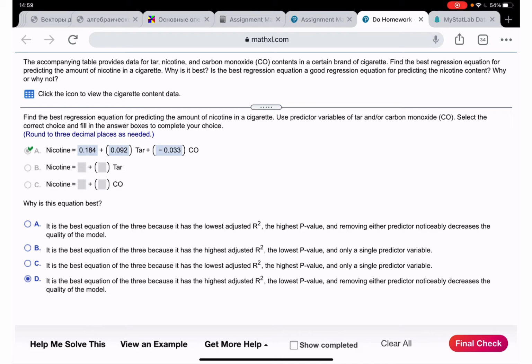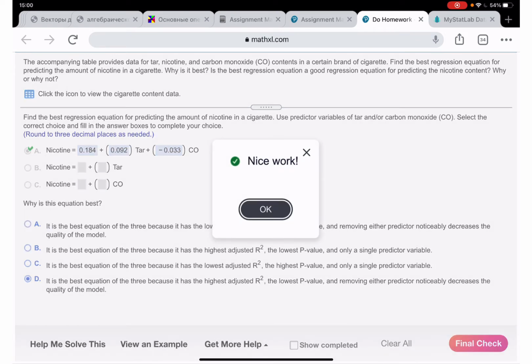I think it's the same sentence, no? Same conclusion. It is the best equation of the three. I'm checking A and D, because it says the highest adjusted R squared. Okay, this time it should be fine.